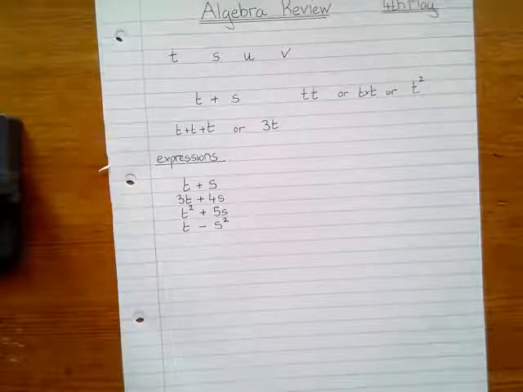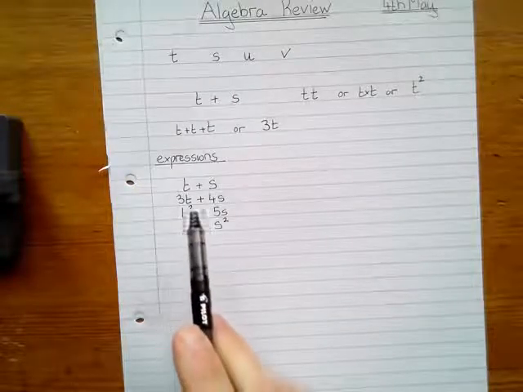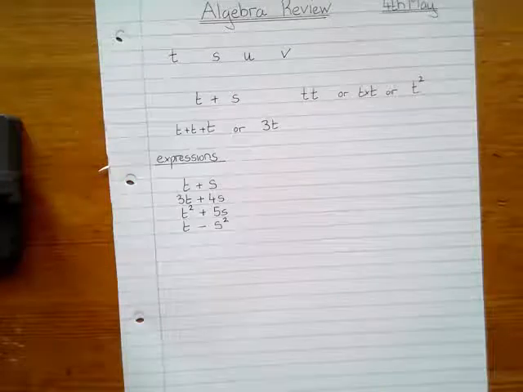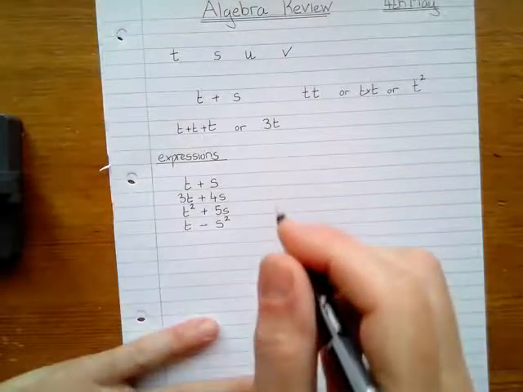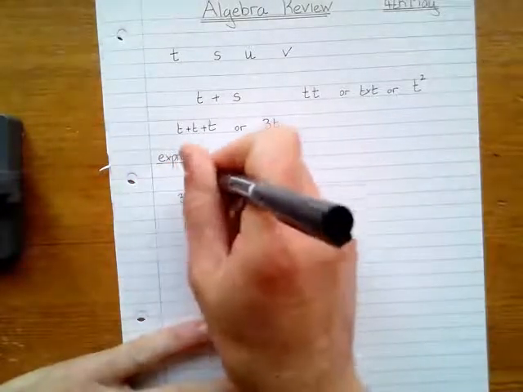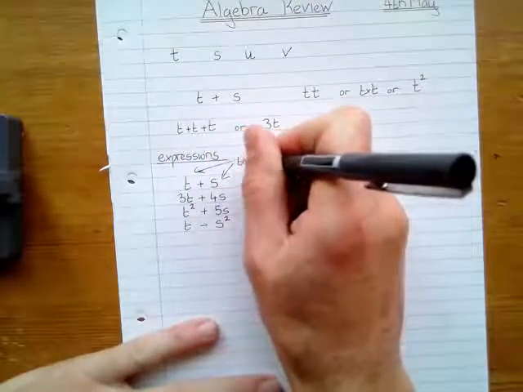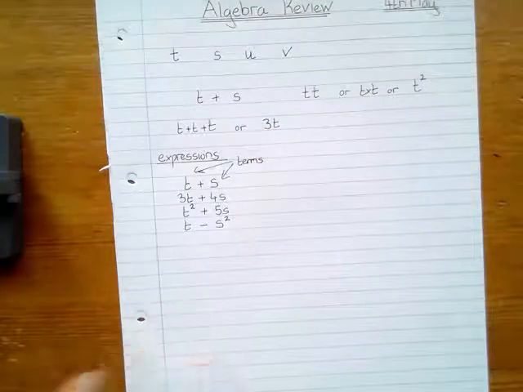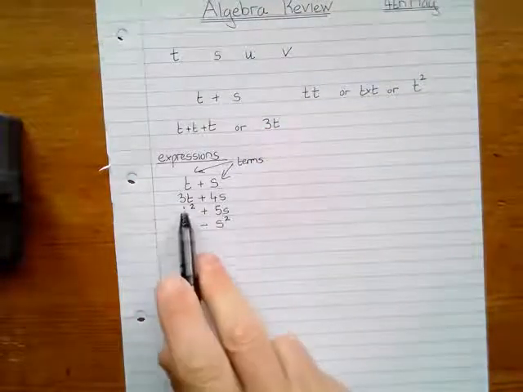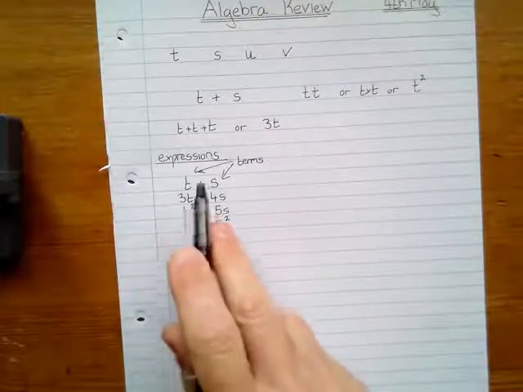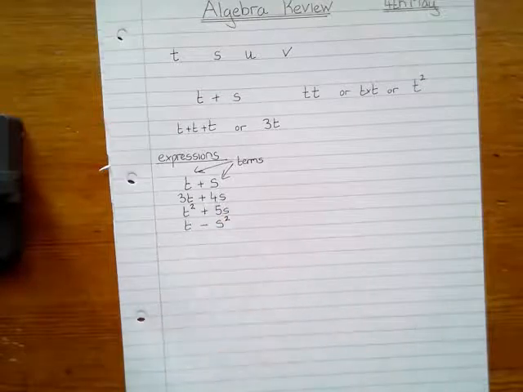And the things either side of the plus or minus sign are called terms. So that there and that there are called terms. So that's a term and that's a term. There are 8 terms that you can see here.